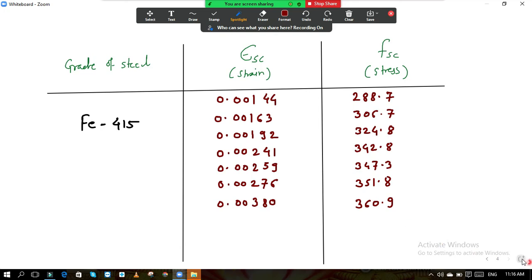Now next, here only I will tell you for Fe500. If the grade is Fe500, what are the values? In the next slide I will tell you. Here, the grade of steel, again the same thing.